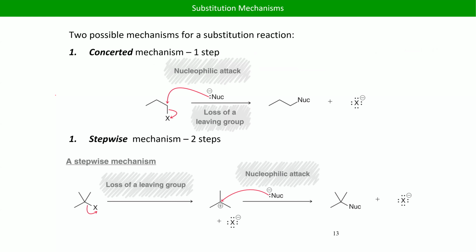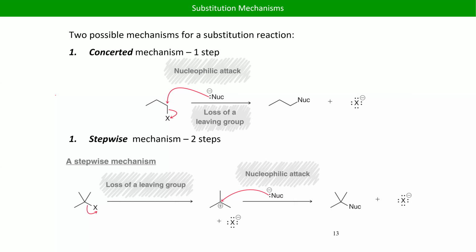You can't have a reaction if they don't bump into each other. Versus if it's stepwise, the slow step is actually just your leaving group leaves.